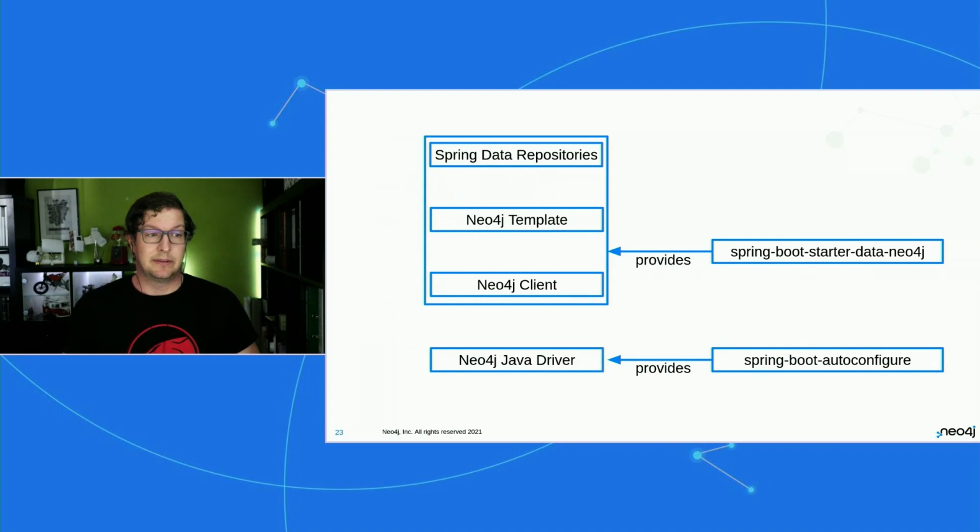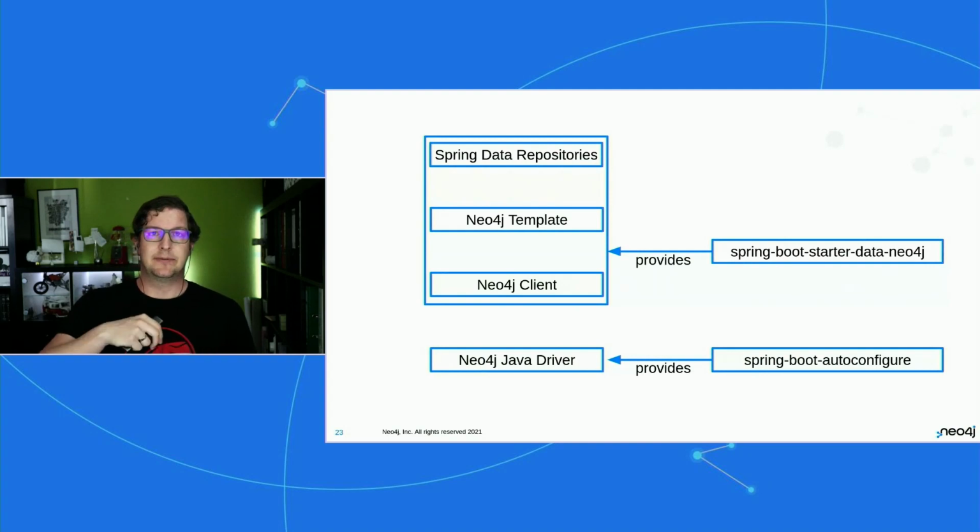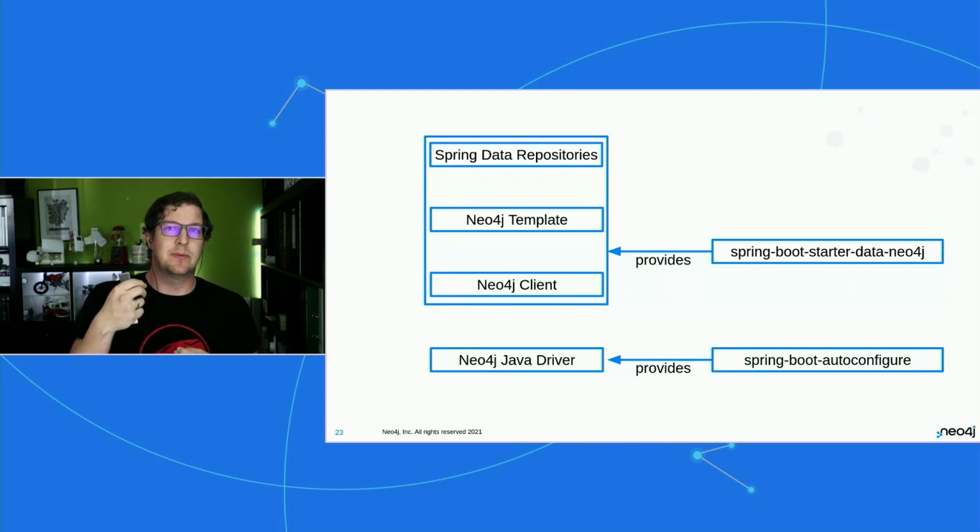And those abstraction levels we introduced are in the top left box. This is a Neo4j client. It's the only communication point with the Java driver we have, but it's important if you want something that's not so aligned to your modeled objects. On top of this, we have the Neo4j template, which is aware of the object description you gave it.